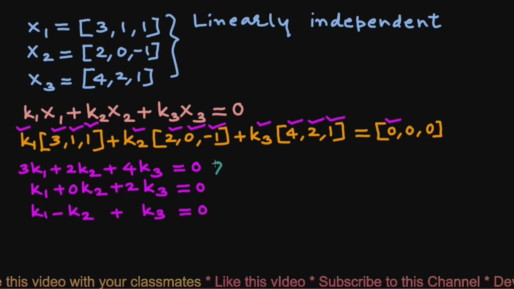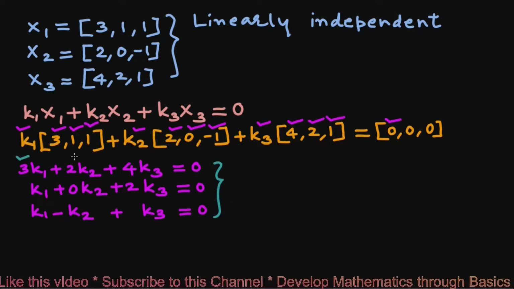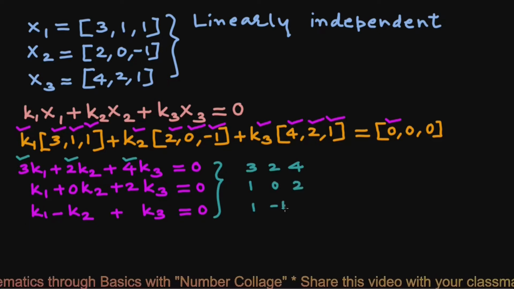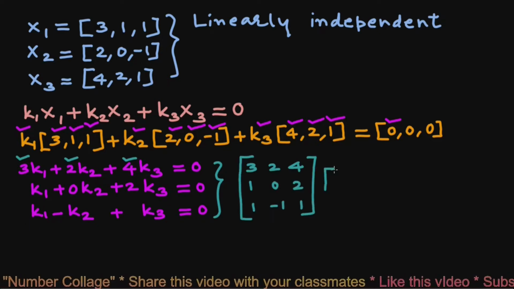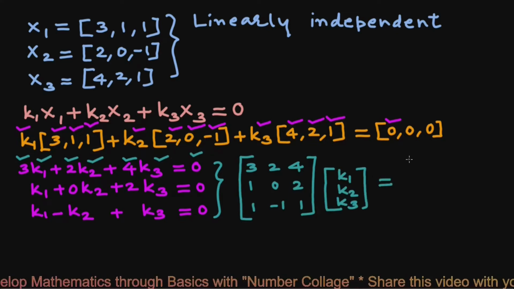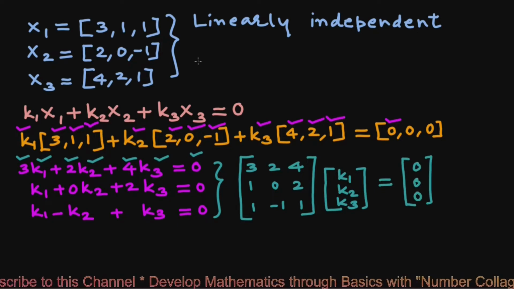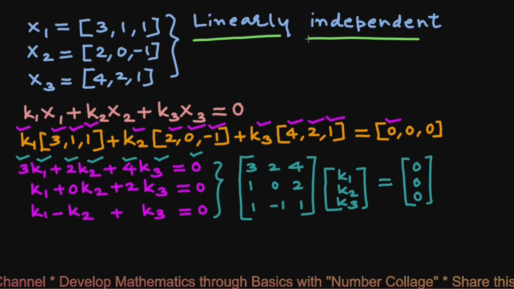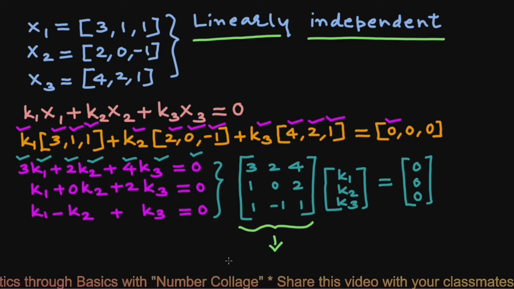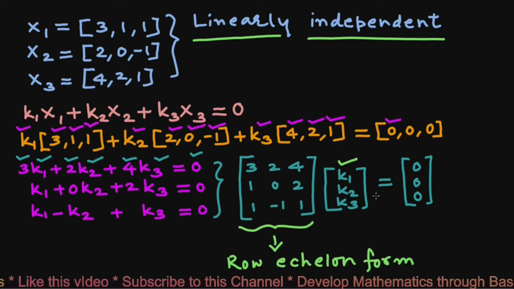Now these equations we can write in the matrix form as 3, 2, 4; 1, 0, 2; 1, minus 1, 1 multiplied by k1, k2, k3 equals the zero matrix 0, 0, 0. Now in order to check linear independence, we will convert this coefficient matrix into a row echelon form so as to find the values of k1, k2 and k3.